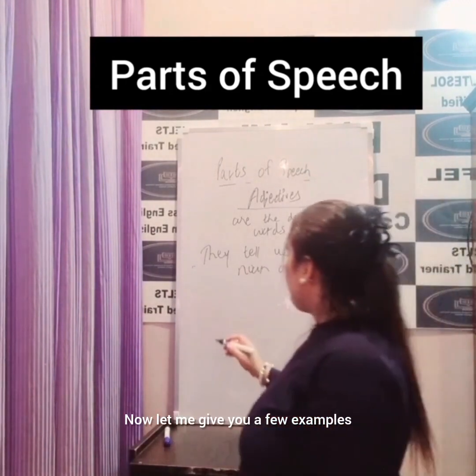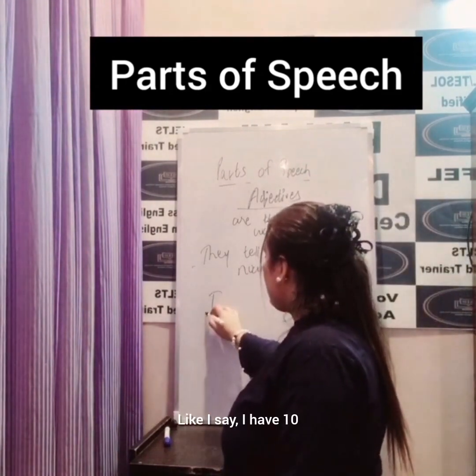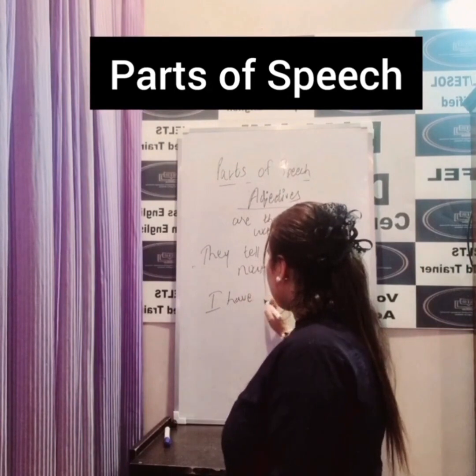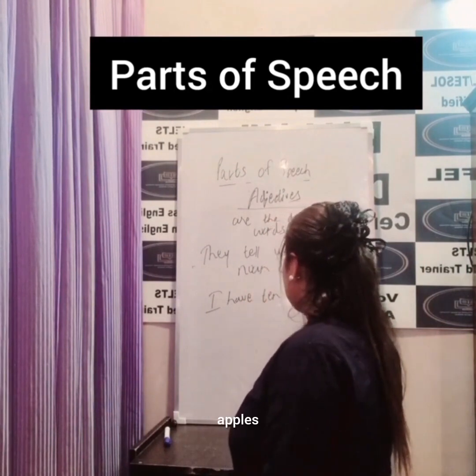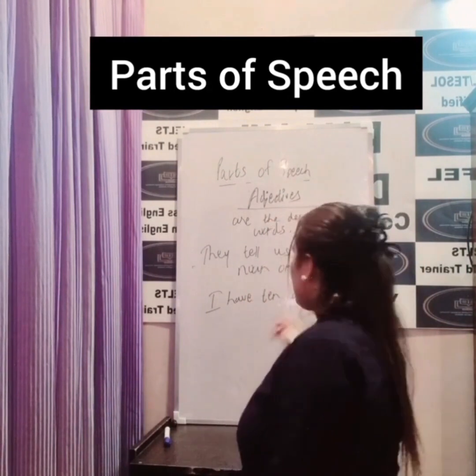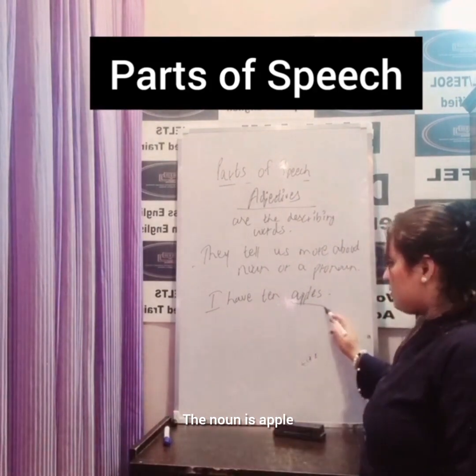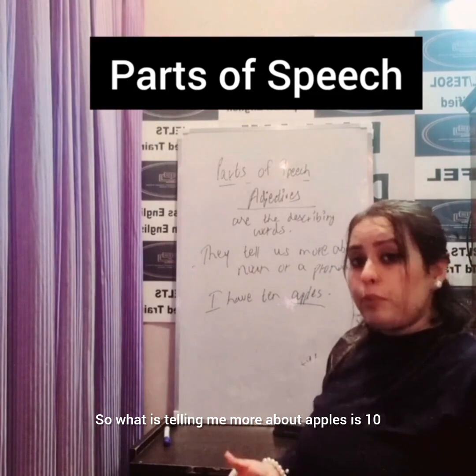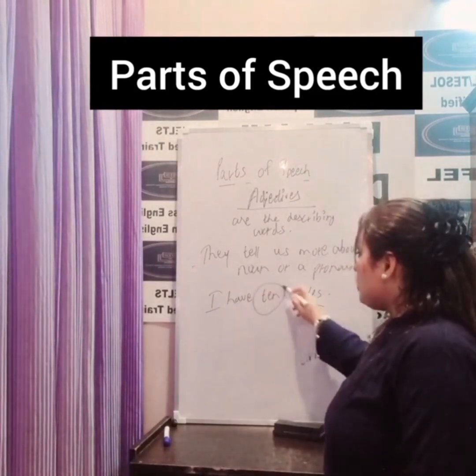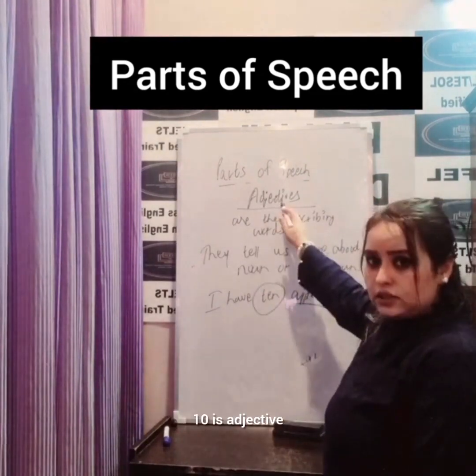Now let me give you a few examples. I have 10 apples. So here, what is the noun in this sentence? The noun is apples. What is telling me more about apples is 10. So 10 is the adjective.